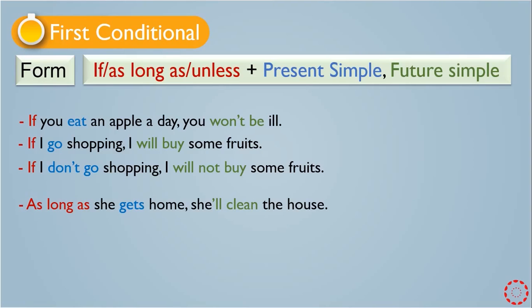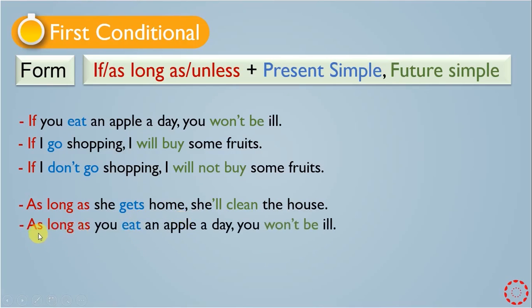If you have as long as, it can be followed by the positive sentence, I mean present simple in the positive one. As long as she gets home, she will clean the house. Here the present simple and the future simple are in the positive form. And the second example, as long as you eat an apple a day, you will not be ill.